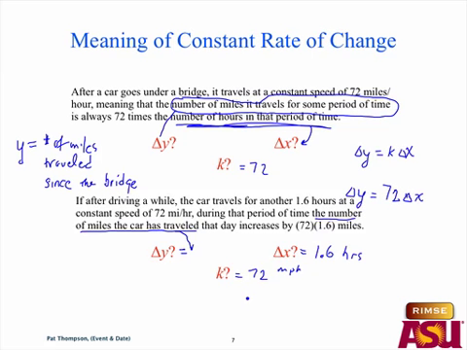Okay, and again, 72 is this quotient. It's the quotient of what? What divided by what? So is 72 a measure of distance or is it a measure of time? It's a measure of time. Measure of time. It's a measure of distance over time.